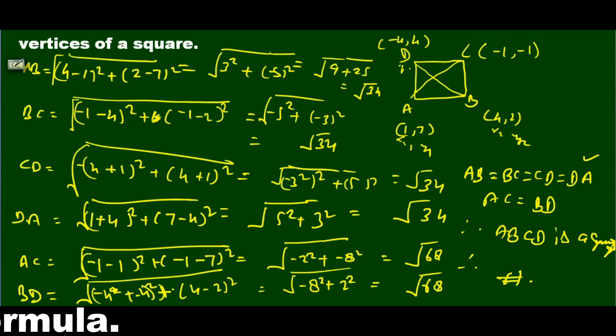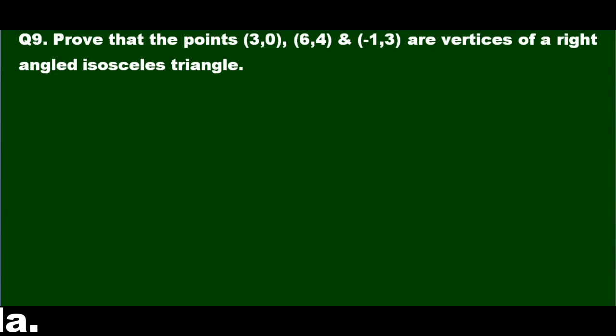Now our next question is, prove that the points (3, 0), (6, 4), (-1, 3) are the vertices of a right angle isosceles triangle. Clear? So draw a rough diagram just like it. A, B, C. Clear?